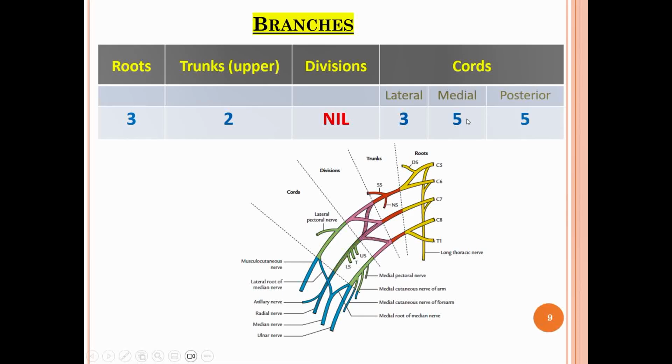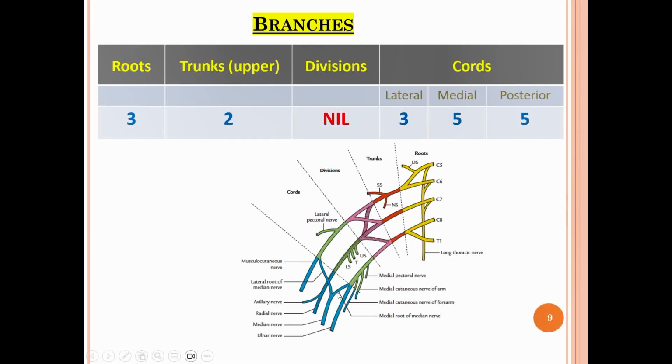From the medial cord there are 5 branches, and from the posterior cord there are 5 branches. So you can see here, this is the posterior cord, this is the lateral cord, and this is the medial cord. So from the medial cord: medial pectoral nerve, medial cutaneous nerve of arm, medial cutaneous nerve of forearm, and medial root of median nerve.